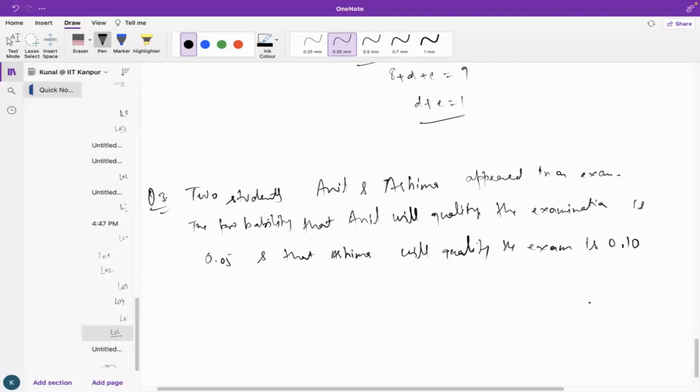The probability that both will qualify the exam is 0.02. Then find the probability.